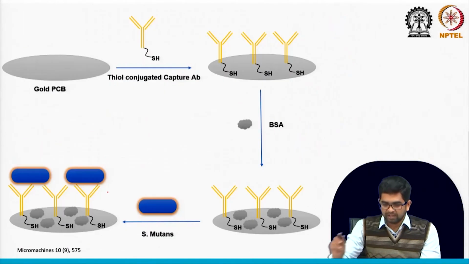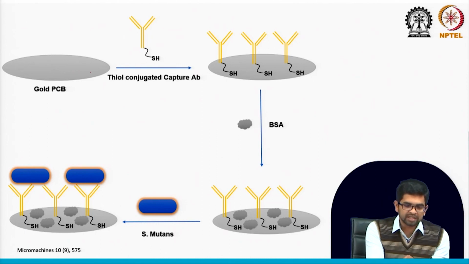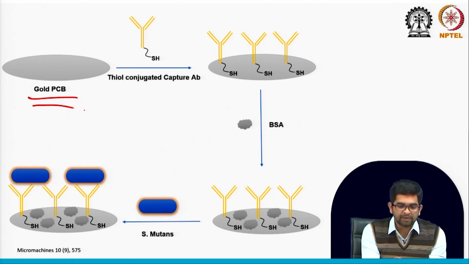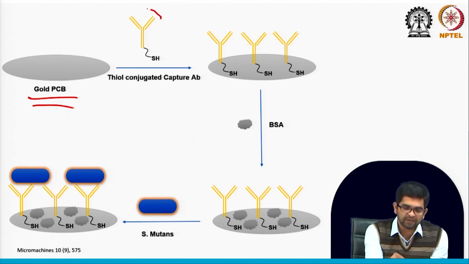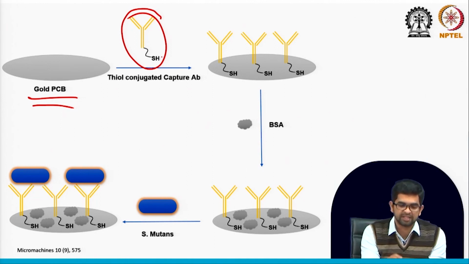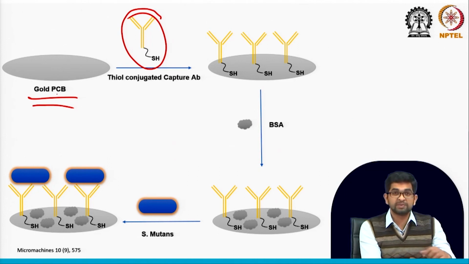Okay, I will show you another example. What is the example here? You can see, you just have a bare gold surface, gold PCB. Now, as you know, if you have an antibody that is thiol conjugated, SH, then we can easily bind it on the gold surface. So PCB means printed circuit board.